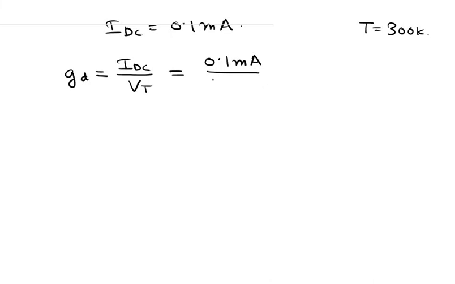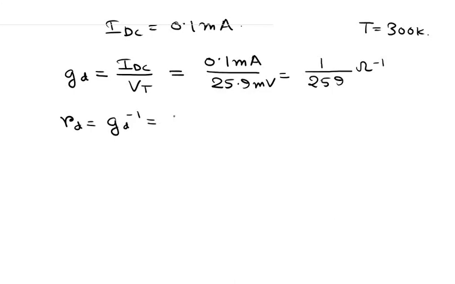So VT is basically equal to 25.9 millivolts, and this gives me approximately 1 by 259 omega inverse. So RD is basically GD inverse, which is equal to 259 omega.